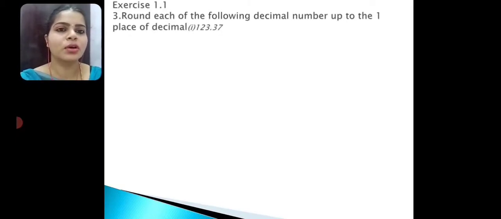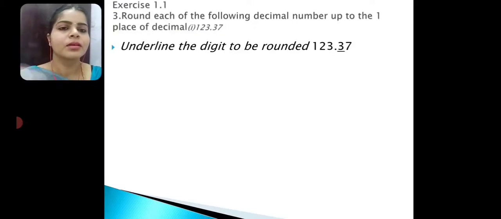Okay, now let us solve the third problem. Round each of the following decimal numbers up to the given place of decimals. In the first Roman number problem, 123.37. First step, underline the digit to be rounded. We have underlined the digit 3. We need to round to 1 place of decimal.